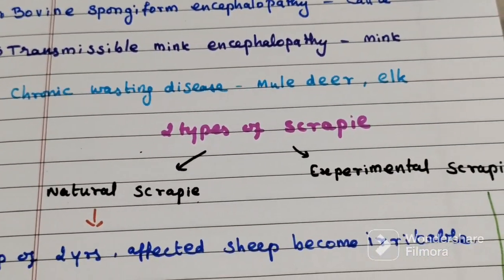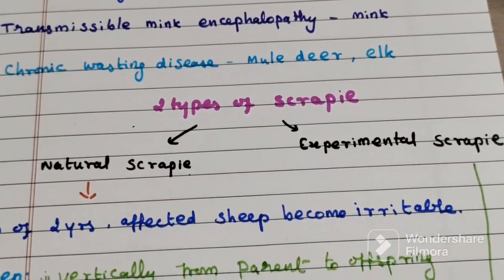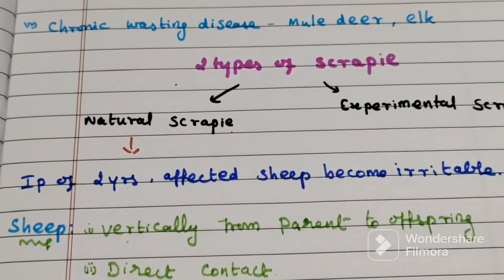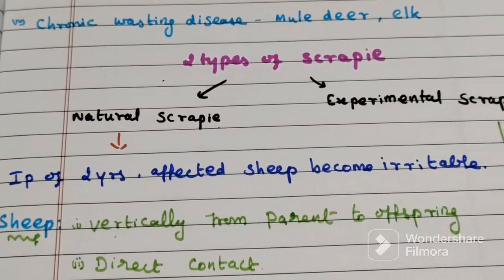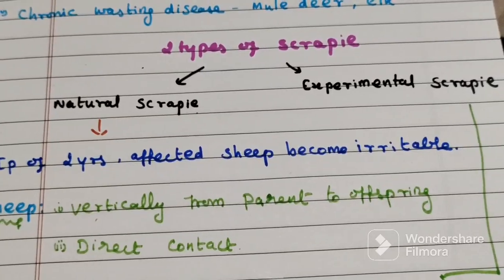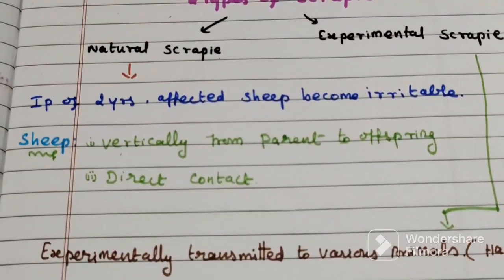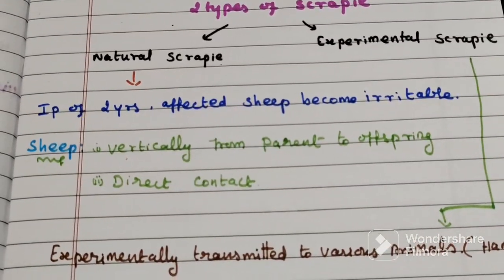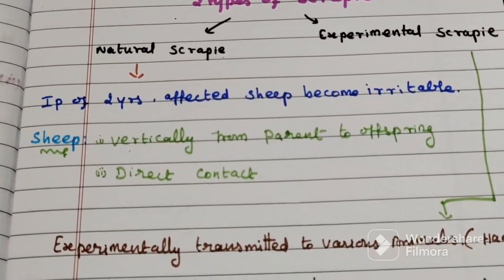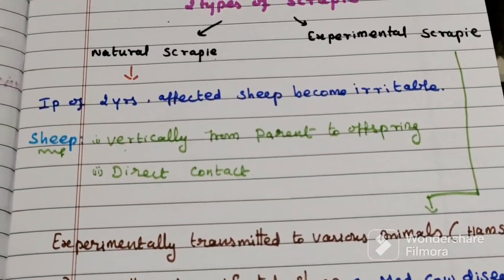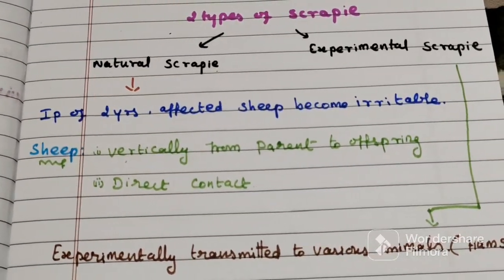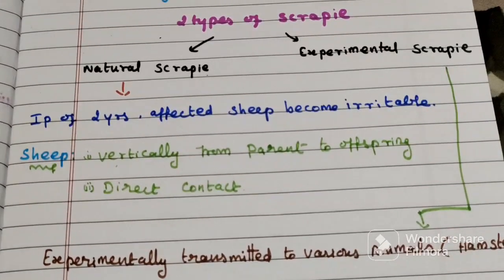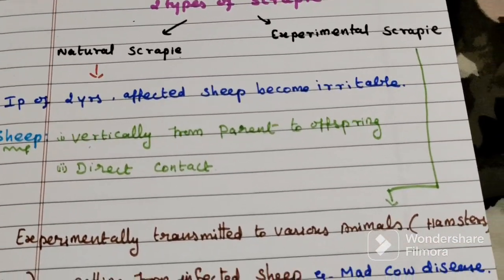Scrapie is a prototype of prion disease. There are two types, natural Scrapie and experimental Scrapie. In natural Scrapie, the incubation period is 2 years, and affected sheep become irritable with intense itching. It can be transmitted vertically from parent to offspring, or sheep can get it by direct contact.